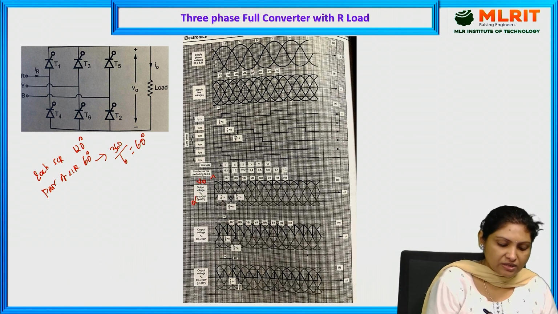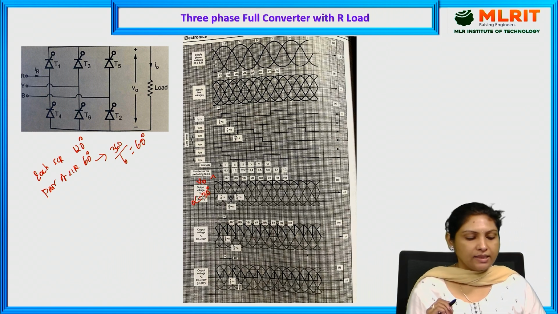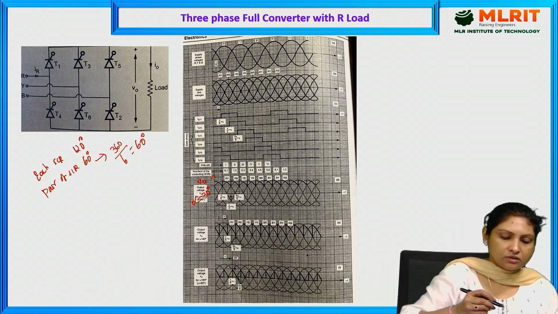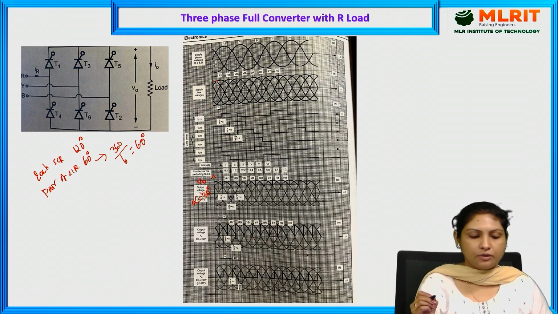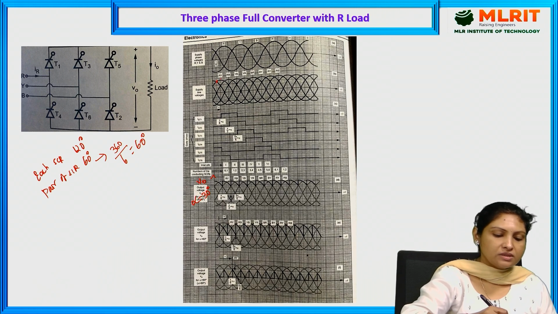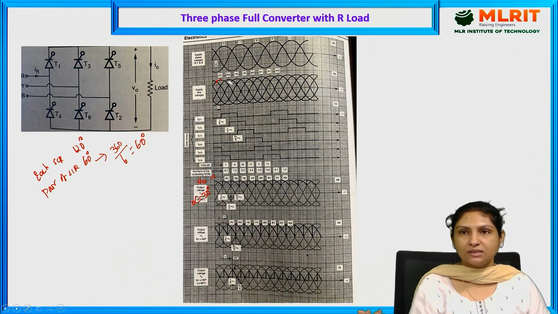Now we are checking the output voltage waveform for alpha equal to 30 degrees. Here, this is the line voltage where the zero crossing appears, this is alpha equal to 30 and this is 60. At alpha equal to 30 we are supposed to provide the triggering pulse.